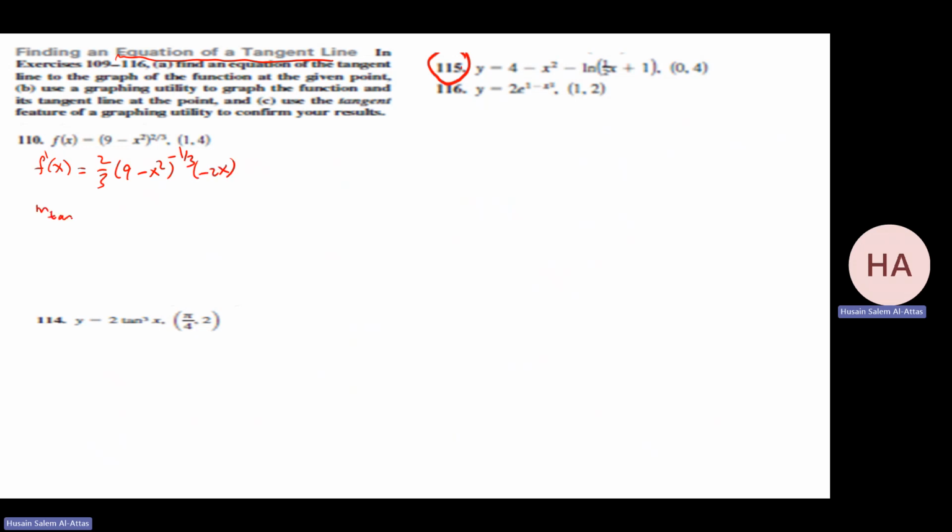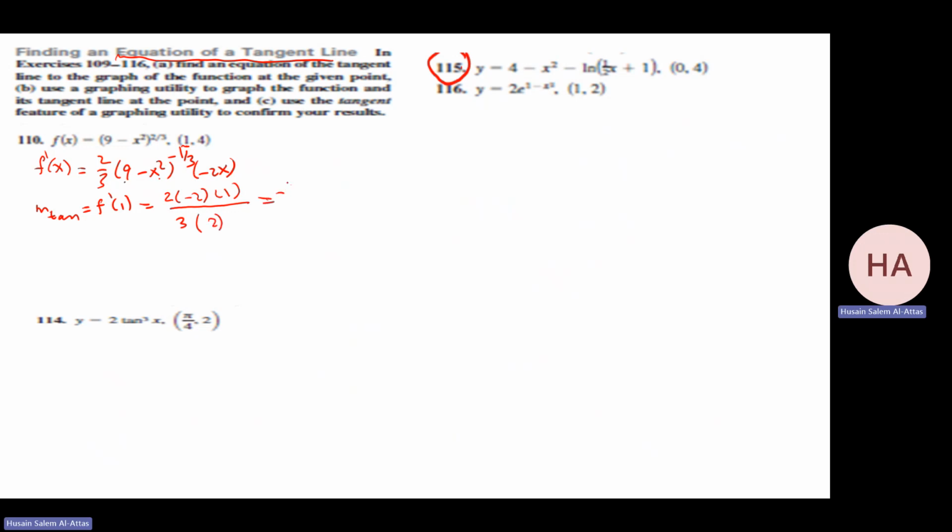M tangent is f prime at 1, since the point is 1 and 4. That will be minus 2 times 1 over 3, here I have 9 minus 1, 8, cube root of 8, which is 2.